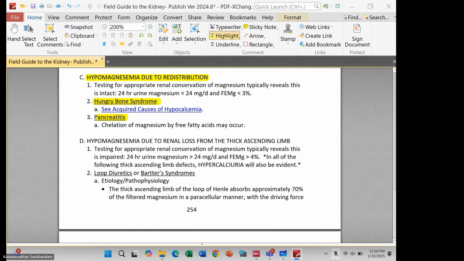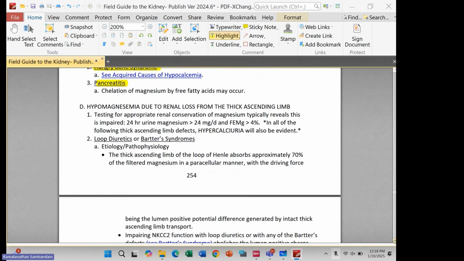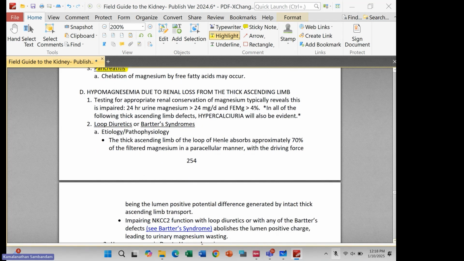Okay, let's then move on to some of these more complex concepts, and those are your magnesium deficiencies from renal loss. And remember, think about dividing this into thick ascending limb and DCT transport defects based on whether or not calcium excretion rates are high or low.